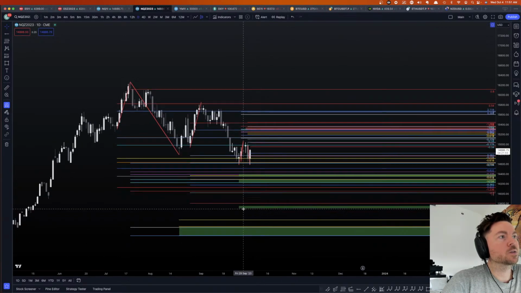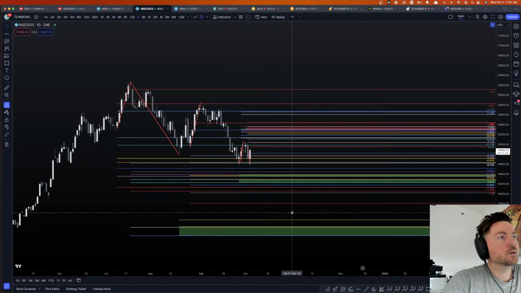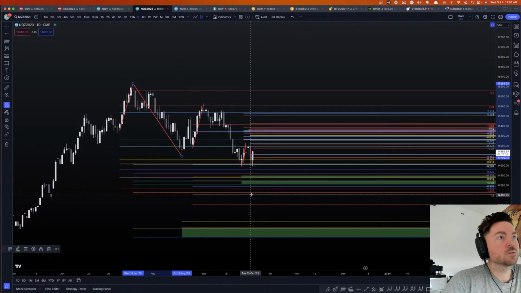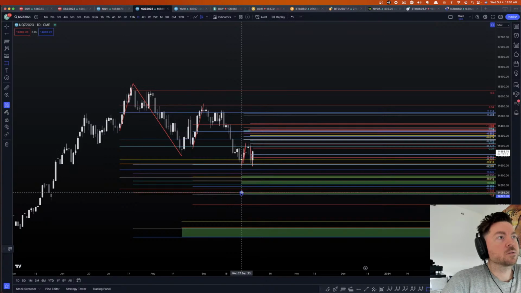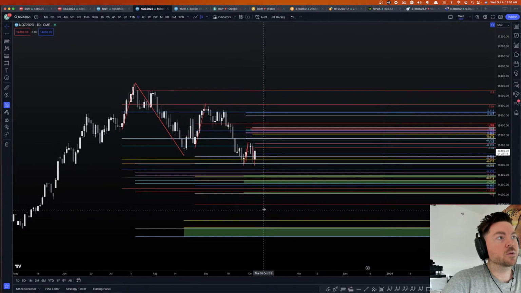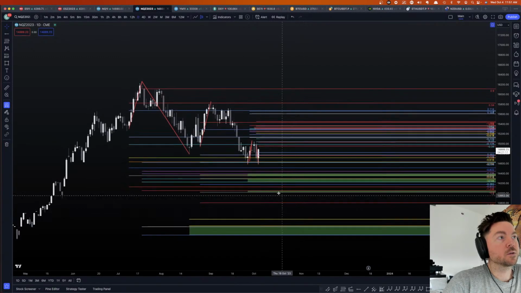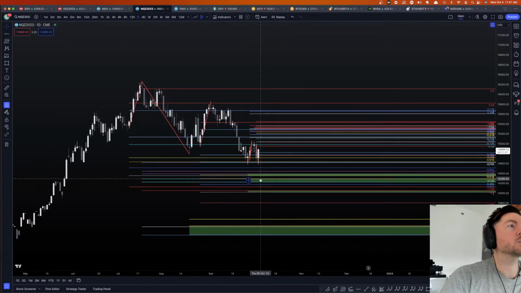And of course it can come all the way down to hit all of these as well. Of course it can come all the way down here as well. But I'm just marking out the areas that would make the most sense.